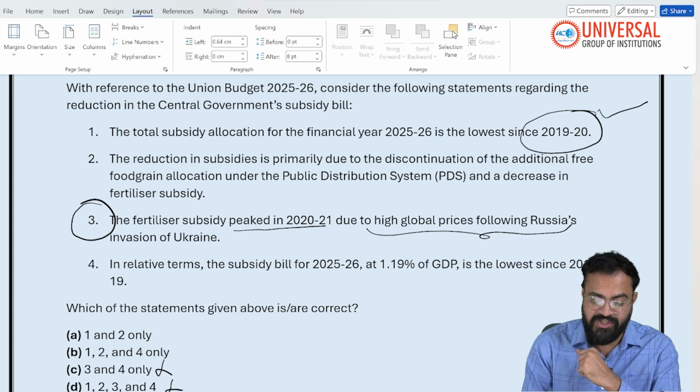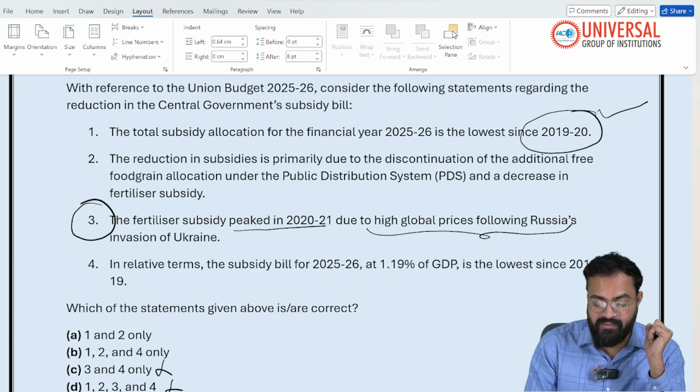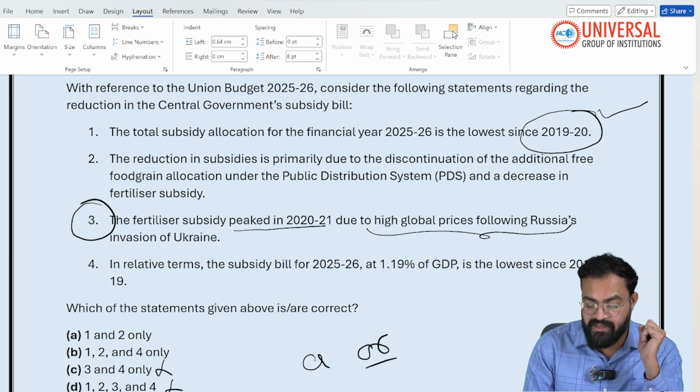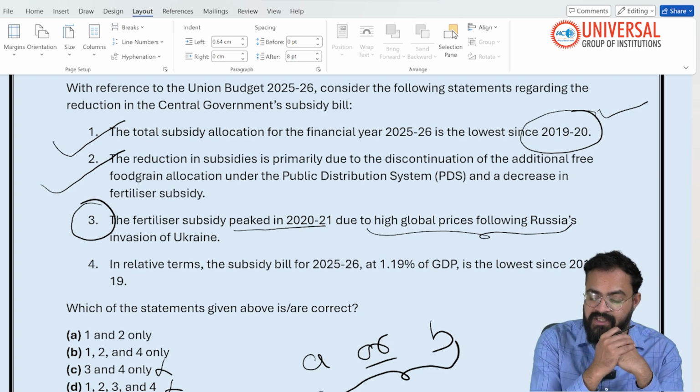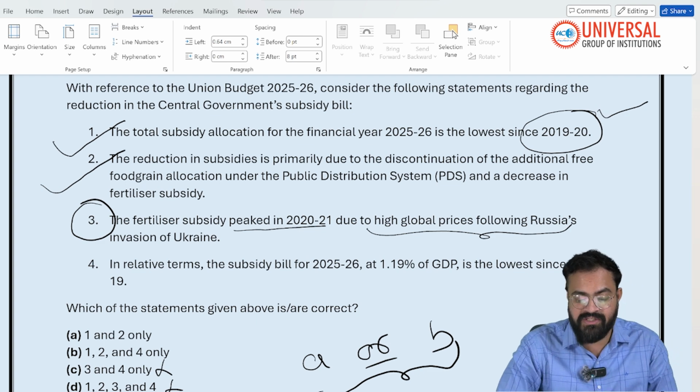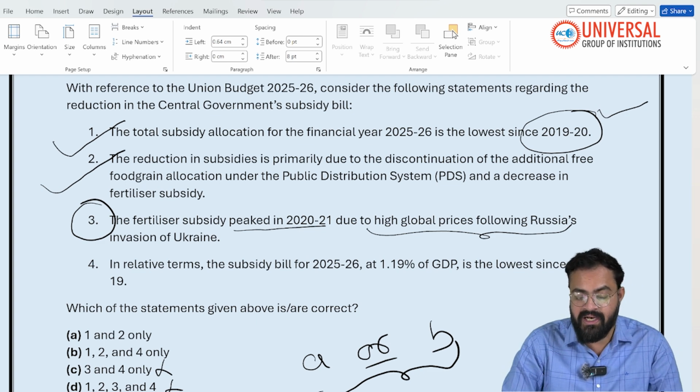So the only question we have before us is about this statement, because the choices we have are only A or B. A and B have two things in common, 1 and 2. So for sure 1 and 2 are absolutely correct. Look here: the reduction in subsidies is primarily due to discontinuation of the additional free food grain under PDS, as I said very clearly, and a decrease in the fertilizer subsidy.